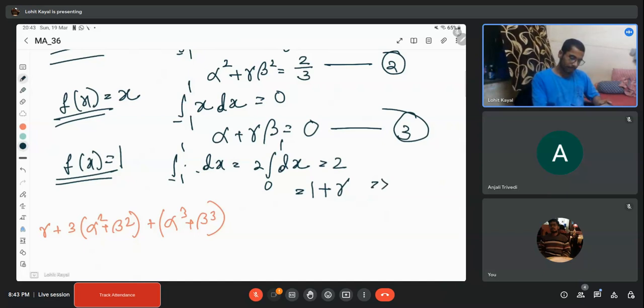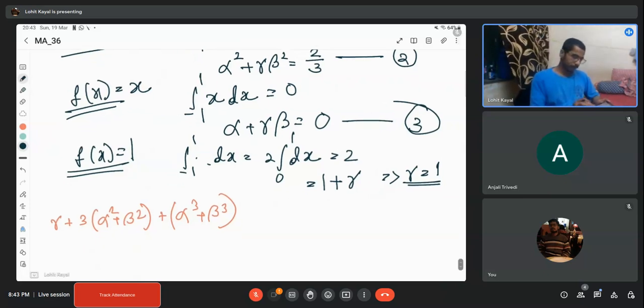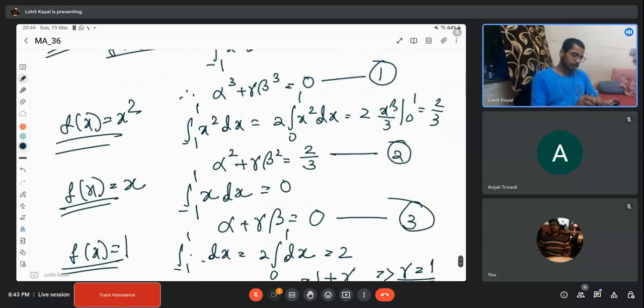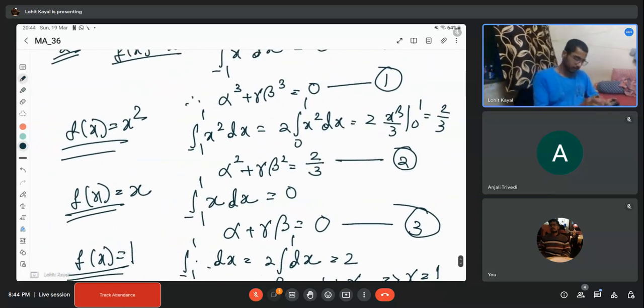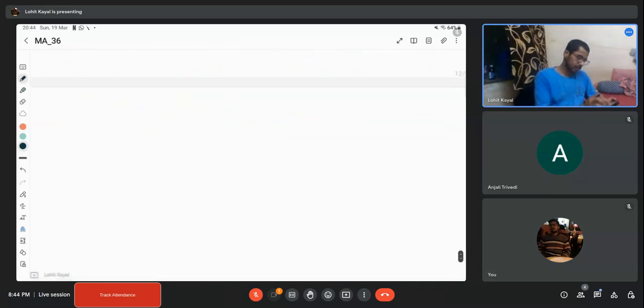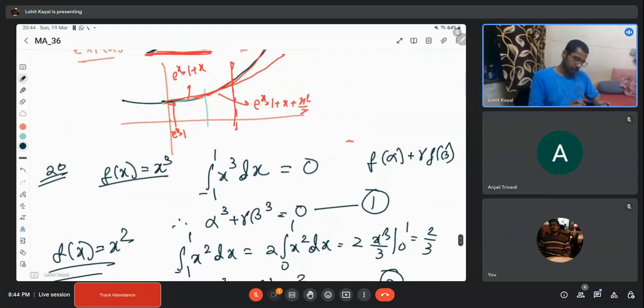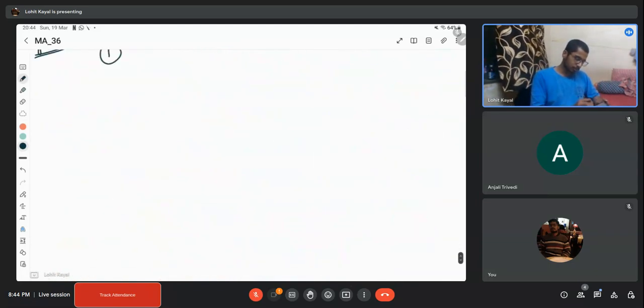It implies that gamma equals 1. So I have already got the value of gamma. Now I need to find this expression. Now let us observe these equations very carefully. So I have gamma equal to 1. The first equation is alpha cube plus gamma beta cube equal to 0.